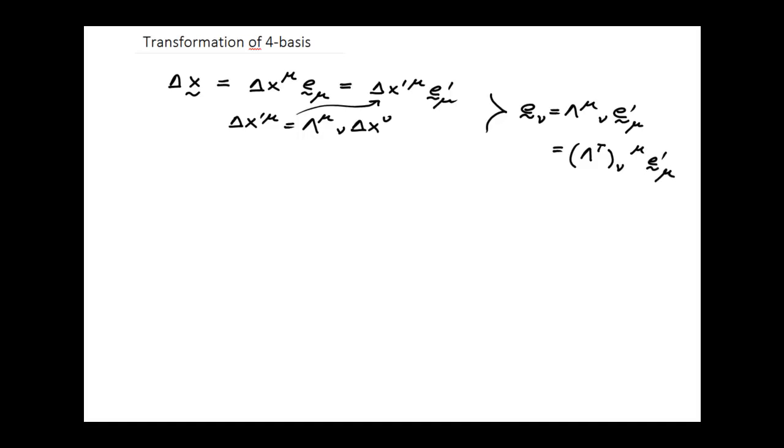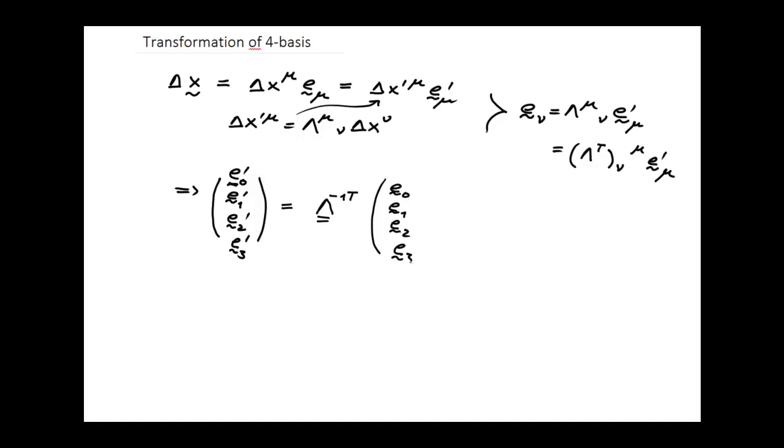And when we solve that for the primed basis, then we find in a compact notation that E0 primed, E1 primed, E2 primed, E3 primed is equal to lambda inverse transpose, this matrix acting on the unprimed basis vectors E0, E1, E2, E3.